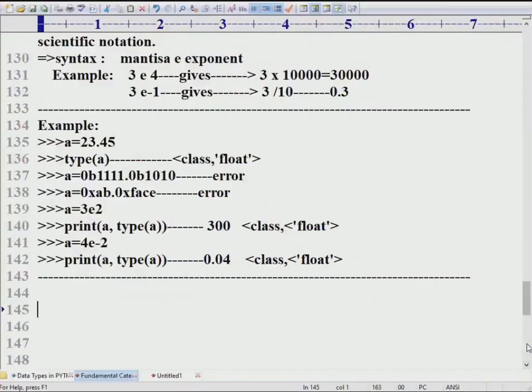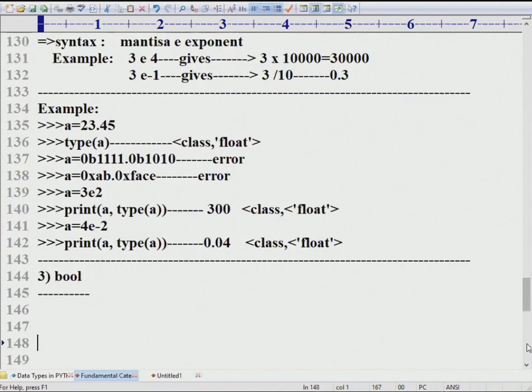Next, we'll go to which data type? Bool data type, the third data type. On bool data type also, you are going to get many questions.